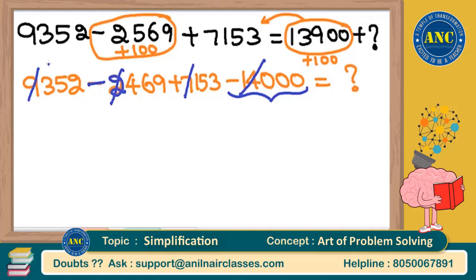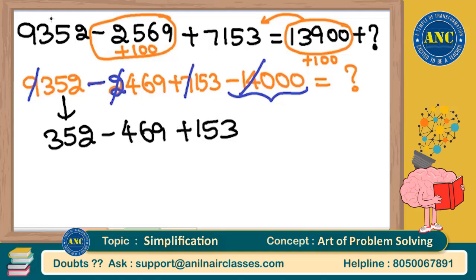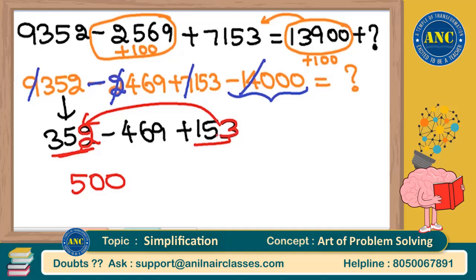You are left as of now with, what are you left with as of now? Can I say that here 352 is left, here 469 is left, and 153 is left, right? For this 350, add this 150, it becomes 500, and 2 is extra here, 3 is extra here, plus 5 is extra, subtract.